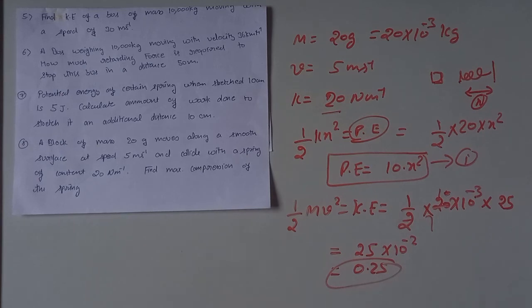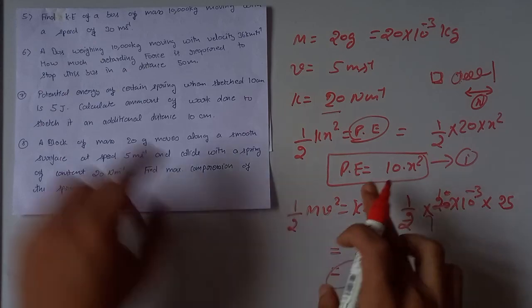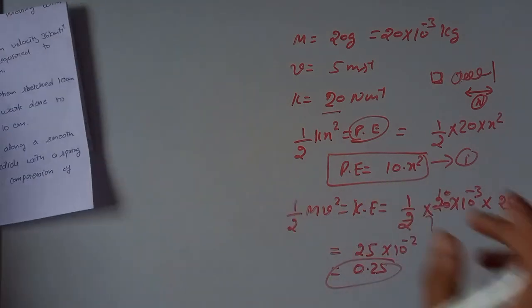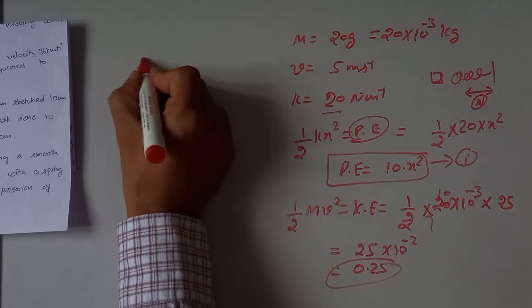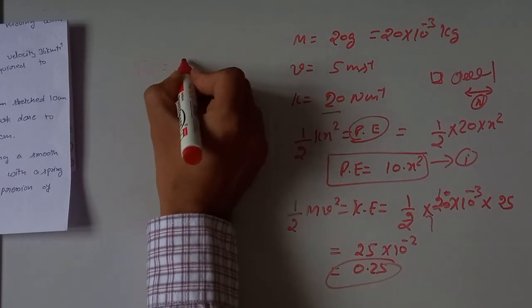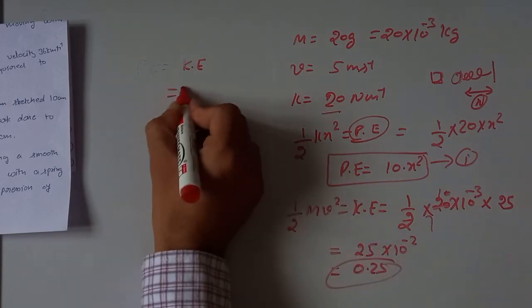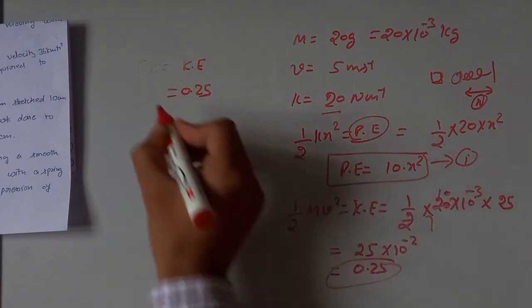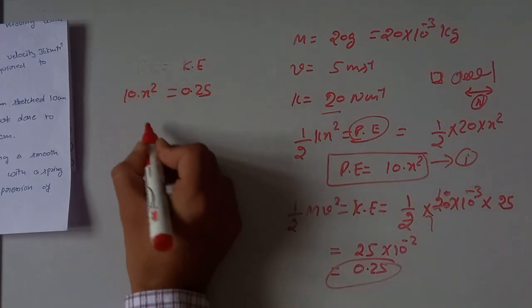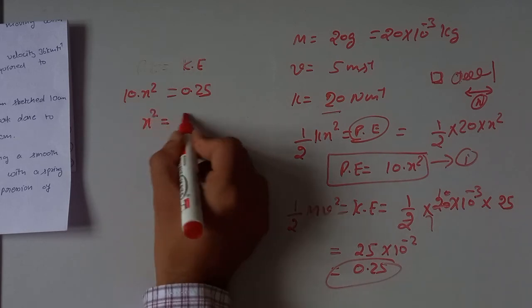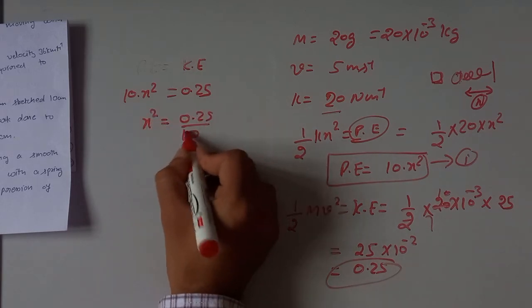We know that energy is always conserved. At the point of collision, this kinetic energy will convert into potential energy. By applying conservation of energy, the potential energy is equal to the kinetic energy of the body. The kinetic energy is 0.25 and the potential energy is 10x squared, so x squared is equal to 0.25 divided by 10.